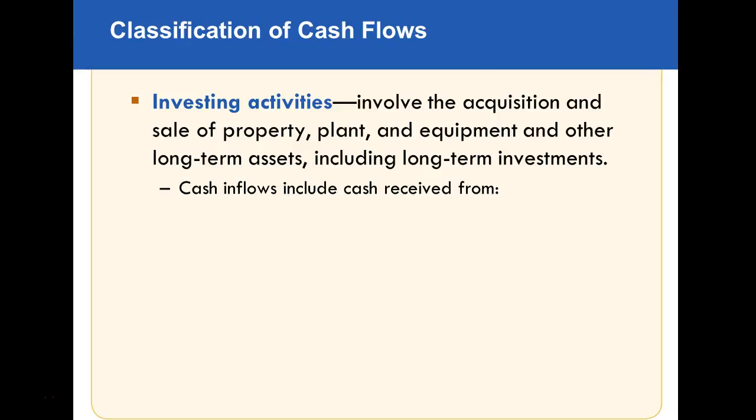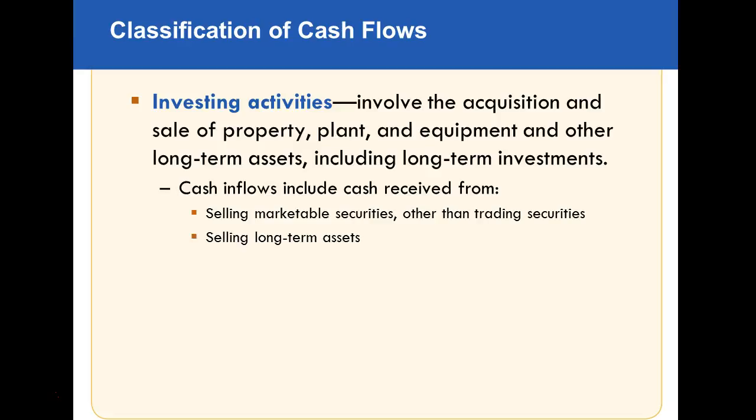The money that comes from investing activities includes selling marketable securities other than trading securities that are for long term, selling long-term assets, and collecting on loans, because if you think about it, loans basically are a part of investing.